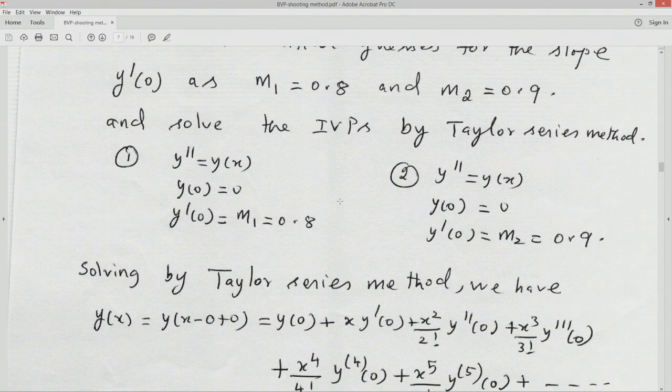So, I shall use Taylor series method in solving these two initial value problems. So, what is Taylor series method? I am given an interval 0 to 1 and I have an initial value problem. Two initial conditions are given to me and I have to solve this problem using Taylor series method.